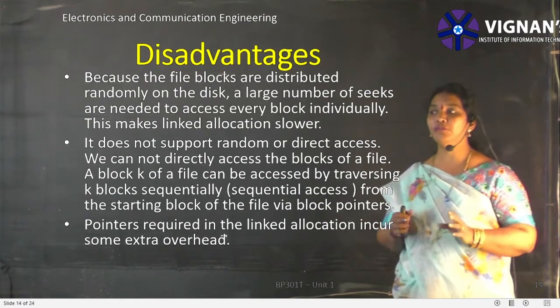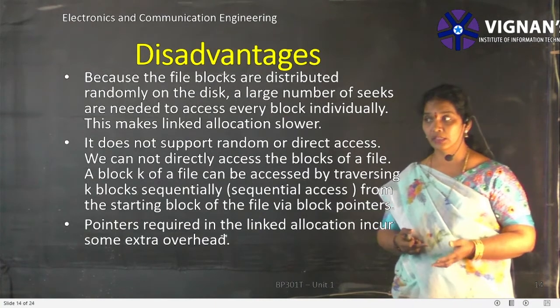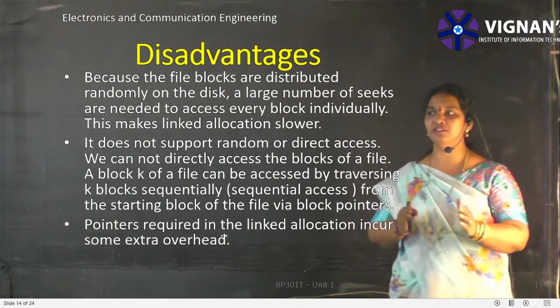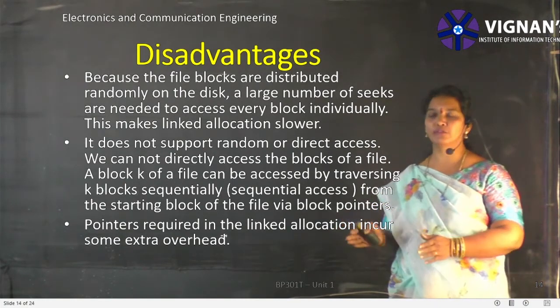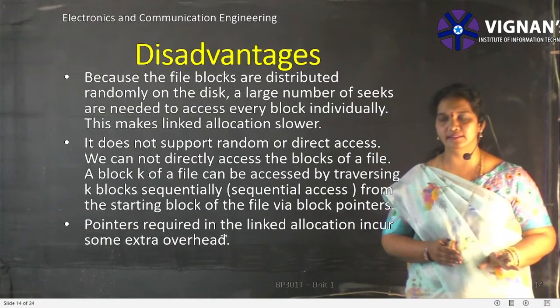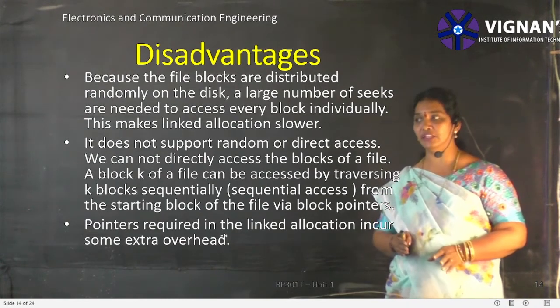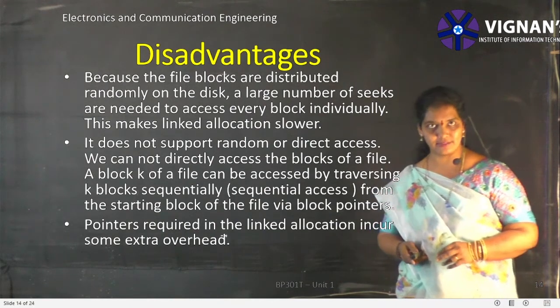A block of file can be accessed by traversing k blocks sequentially from the starting block of the file via block pointers. Pointers required in linked allocation also include some extra overhead.